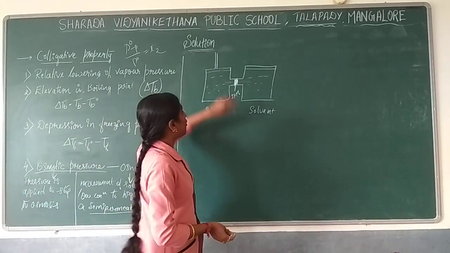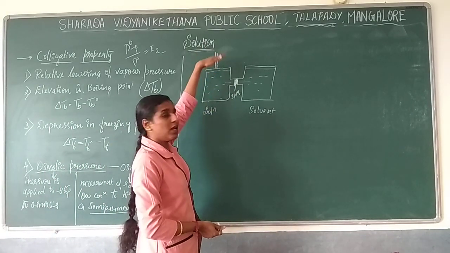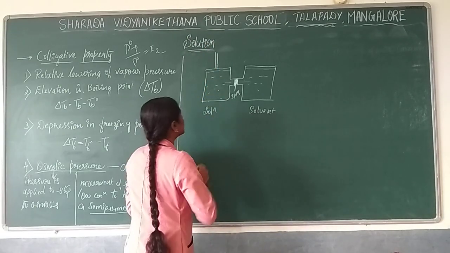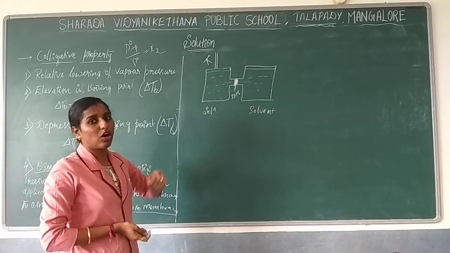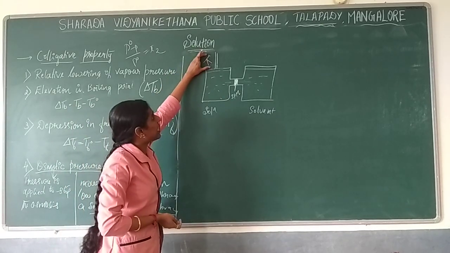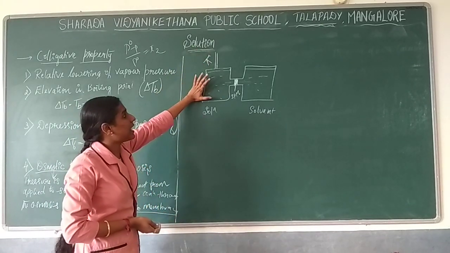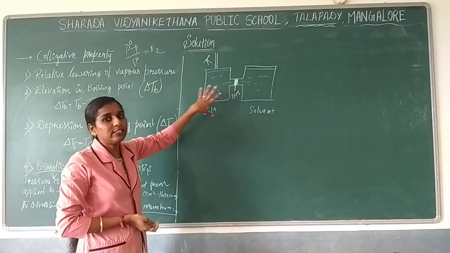So if you want to stop this osmosis, you have to apply pressure. I represent that osmotic pressure in terms of pi. If I apply the pressure over here, the osmosis will get stopped.